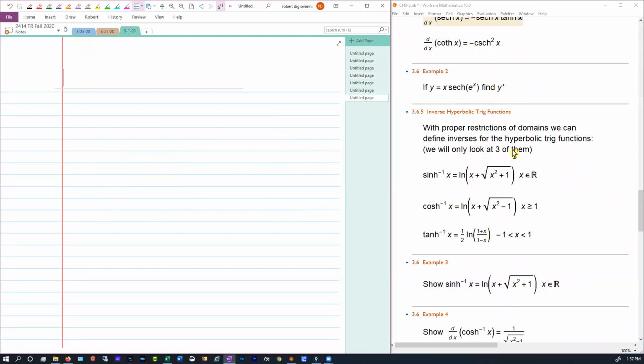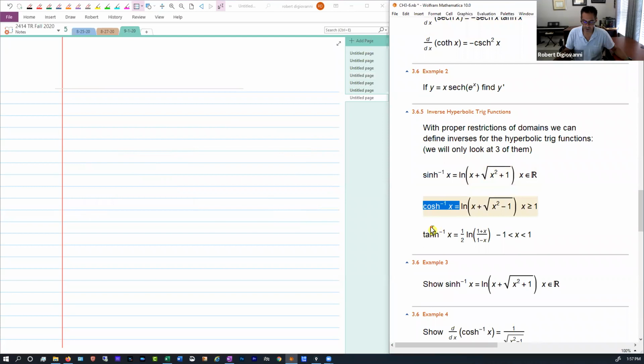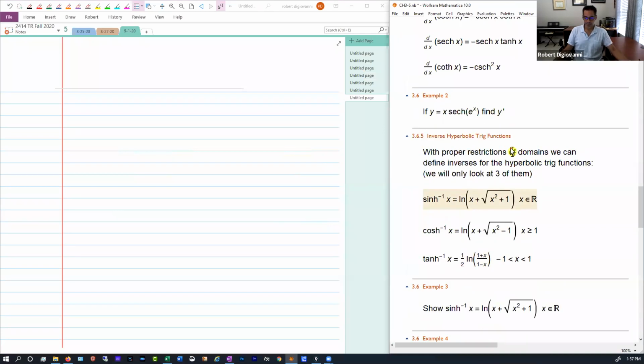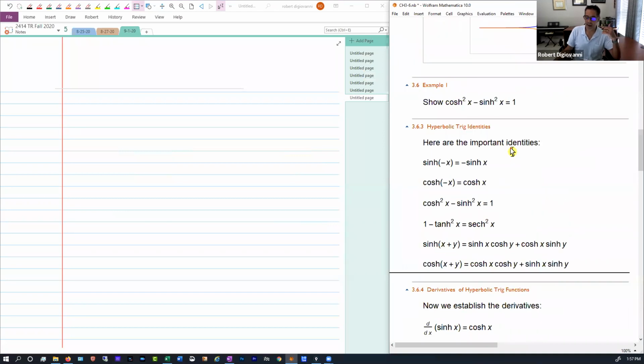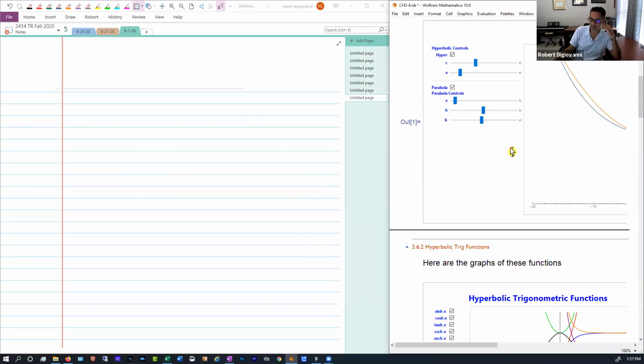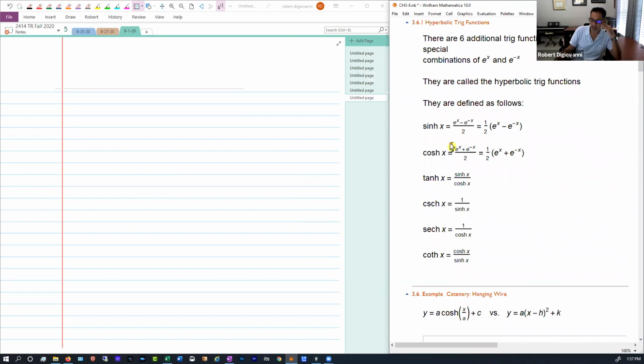So here are the inverse hyperbolic trig functions, and I'm only giving you the first 3. The other 3 are in the book, and I'm not even going to get into them. All right, they're not that important for this class. And like I said earlier, what I like about the hyperbolic trig functions is the fact that we have a nice formula for them, right?